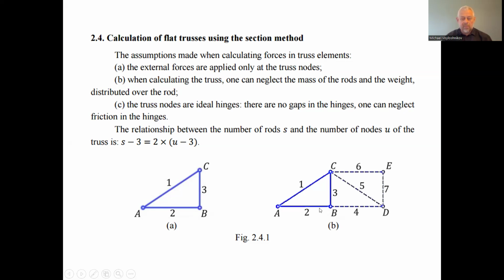Such a statically determinate truss can be considered as a composition of unchangeable triangular discs, each consisting of 3 rods connected in hinges. Here in the sample, a triangular disc as a part of the truss is ABC. We can add another triangular disc to the previous one, and next we have the truss.